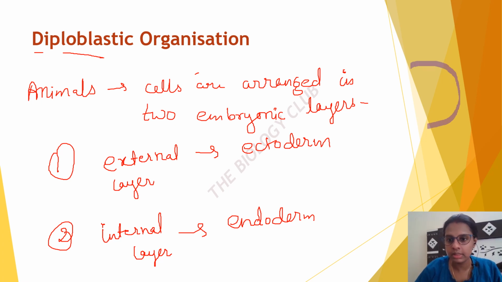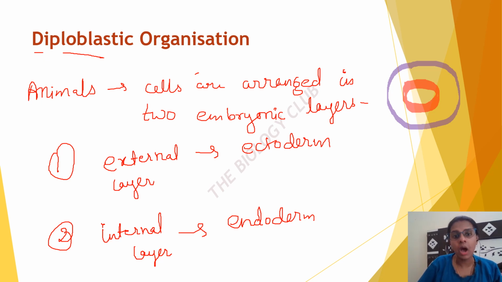Okay, so this is the outer layer of the cell, which is the ectoderm, right? Then you have the innermost layer. Let's draw it with some other color, which is like this. This is the endoderm, something like this. Now, there is one little twist.